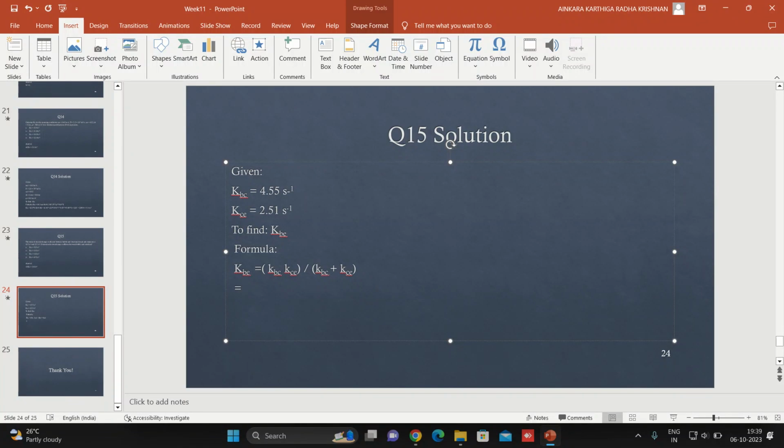KBC is 4.55 into 2.51 divided by 4.55 plus 2.51. So what answer are we getting from this?